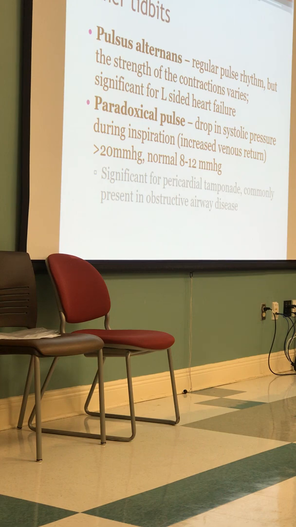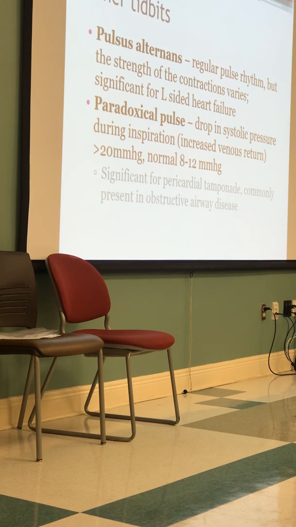So you would see pulsus paradoxus a lot with cardiac tamponade. You can see it also with constrictive pericarditis, because constrictive pericarditis constricts the heart the same way. But usually you're going to think cardiac tamponade, okay?